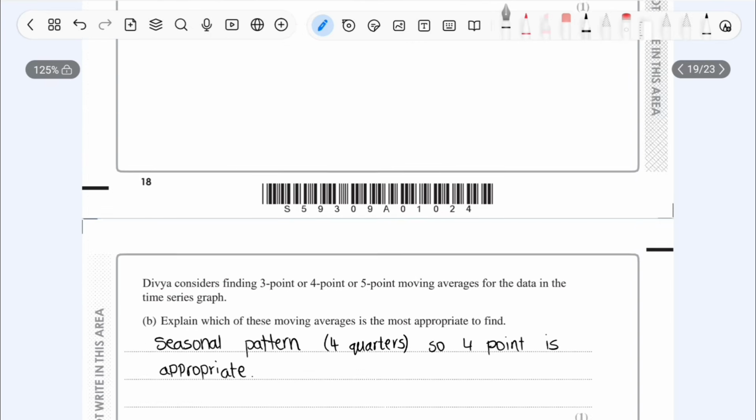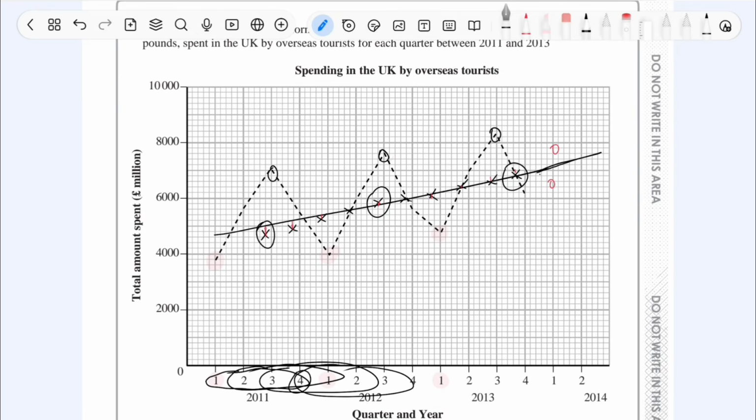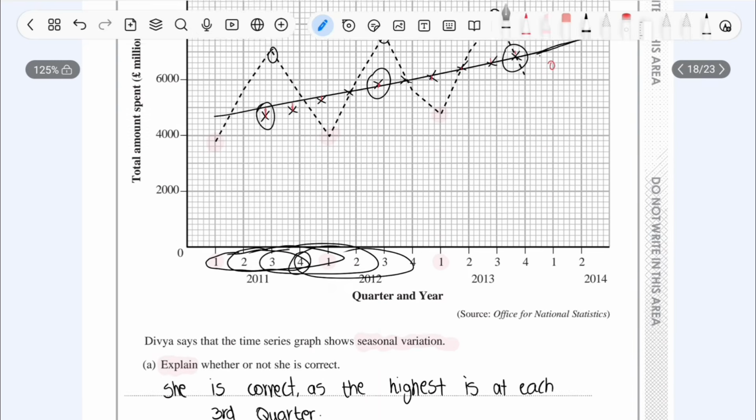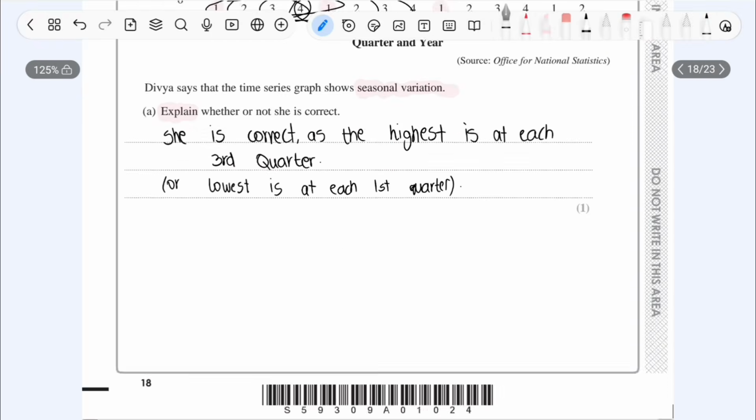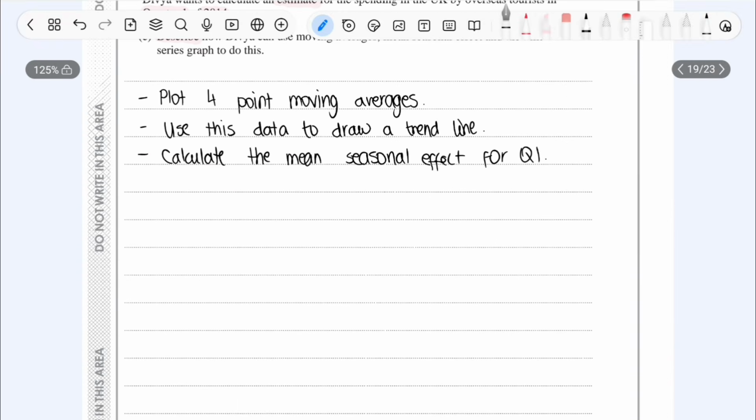Now the idea of where I extrapolated the trend line to get to quarter one of 2014, and then the mean seasonal effect that we calculated, whether it was this value here or this value here, we added to the trend line, and that's basically the rest of the 2 marks.